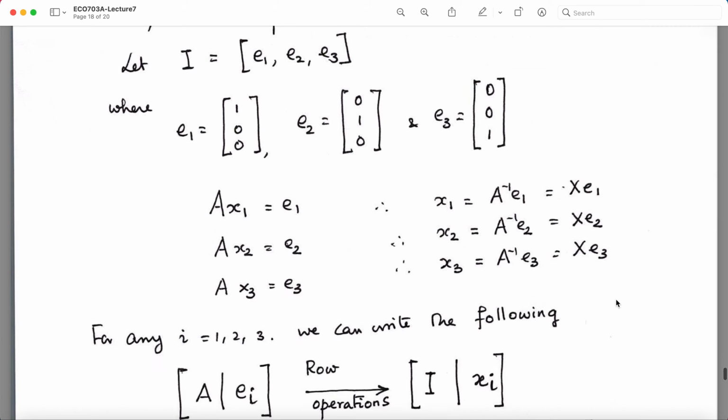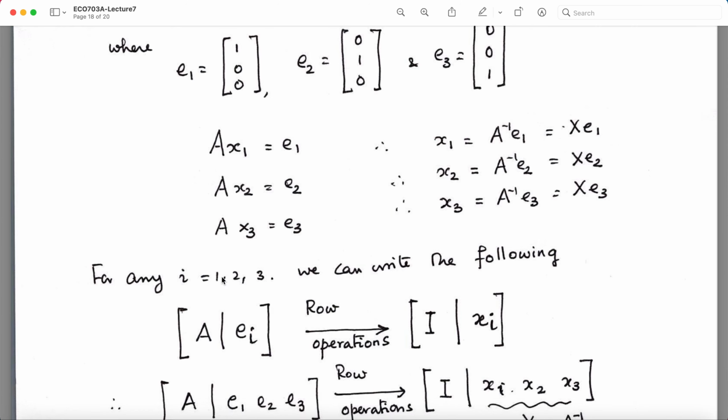Okay. So now what is happening? For any of these i's, 1, 2, 3, whatever, if I want to solve this equation, what do I do? I have [A|Ei], and row operations will give me [I|xi]. Obviously, x1, the vector, is the first column of the inverse actually.